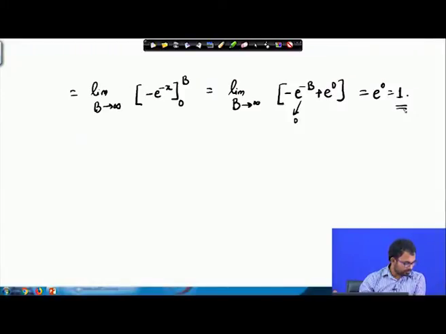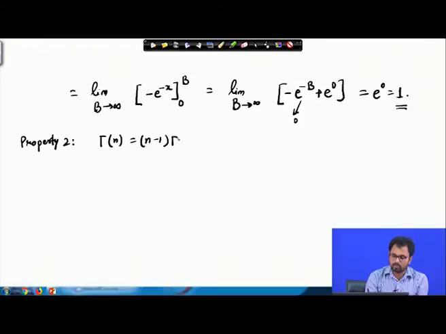Next, we will prove that the second property, property 2, is gamma n equals n minus 1 times gamma n minus 1. Let us see how we can prove this.